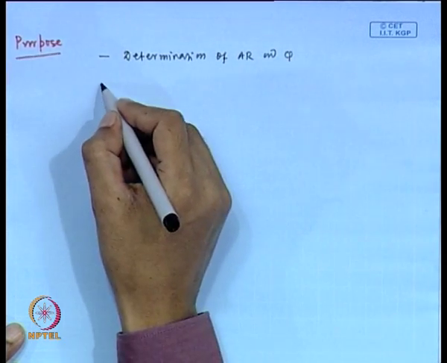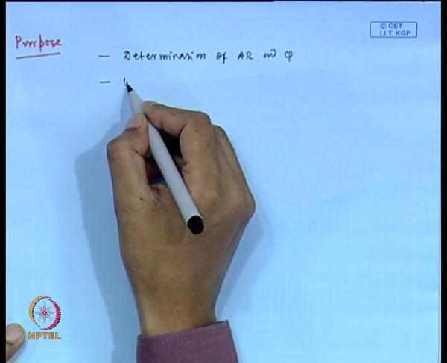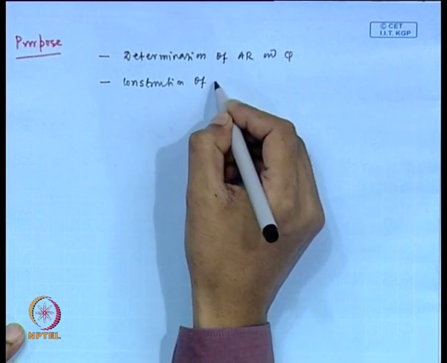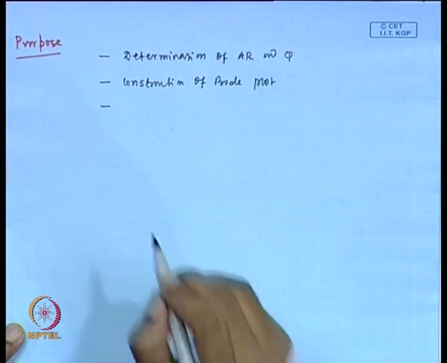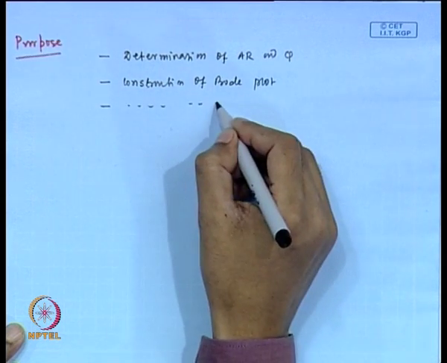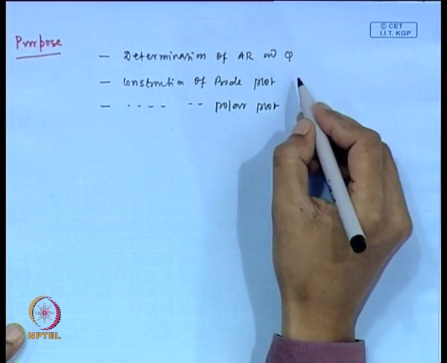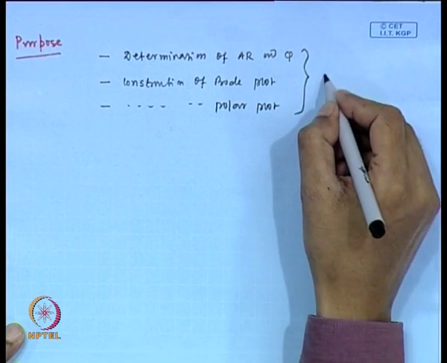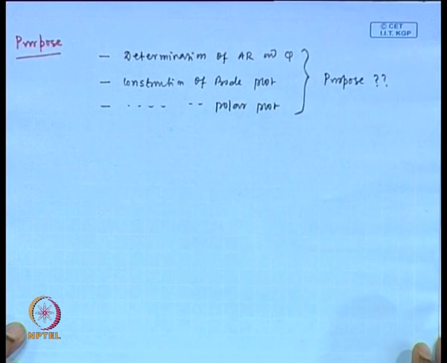We have started the construction of Bode plot and polar plot. But what is the purpose of doing all this?